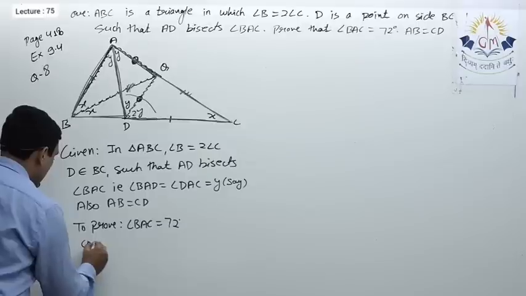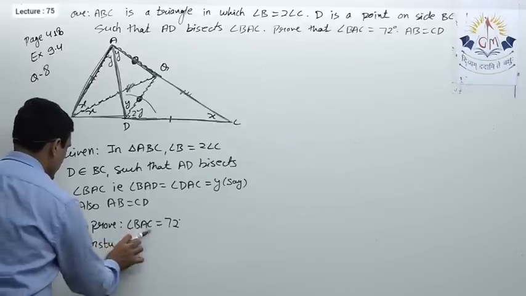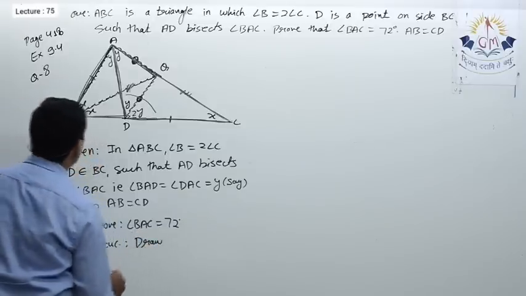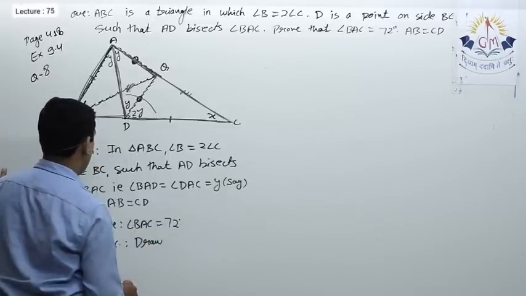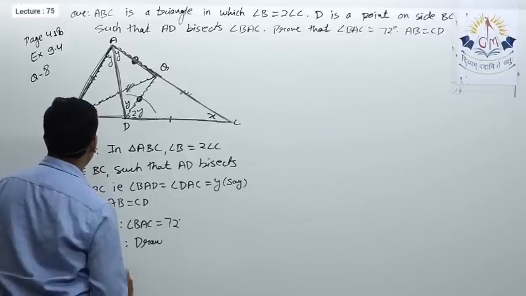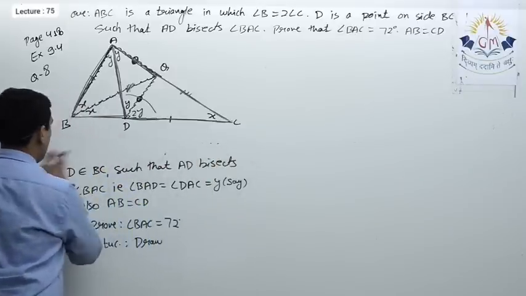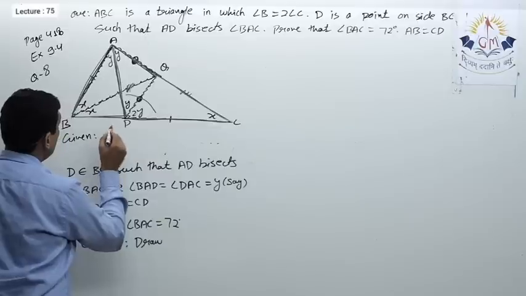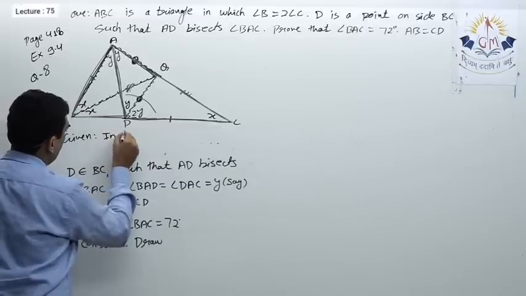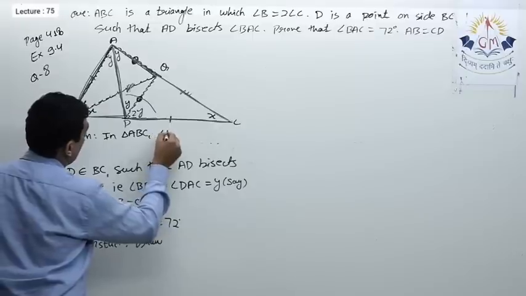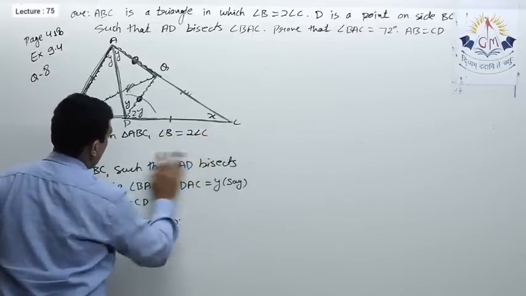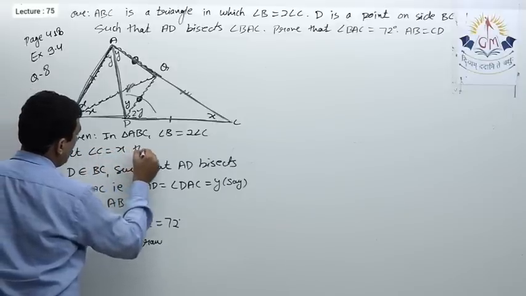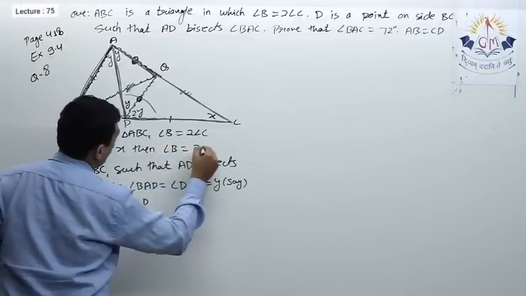Now over here a construction is required. I am changing a little bit over here, I have to add one thing to the given. Given, in triangle ABC, angle B is equal to twice of angle C. Let angle C be equal to x, then angle B is equal to 2x.